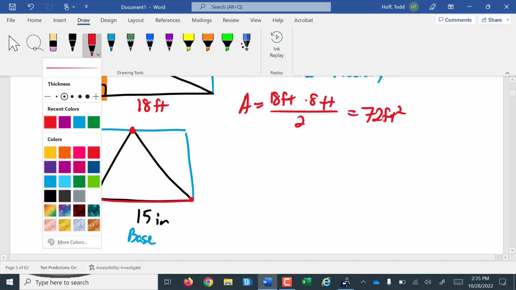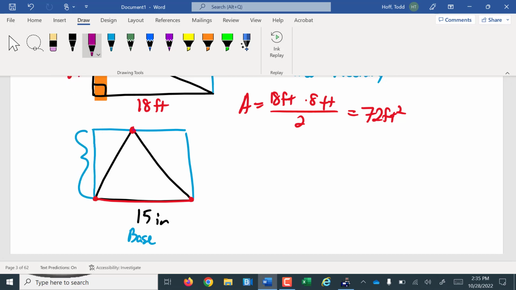So the distance from that third corner to the base, distance is always measured at a right angle, like that. That distance is our width. Well, that distance is called the height of the triangle, or sometimes the line segment itself is called an altitude.